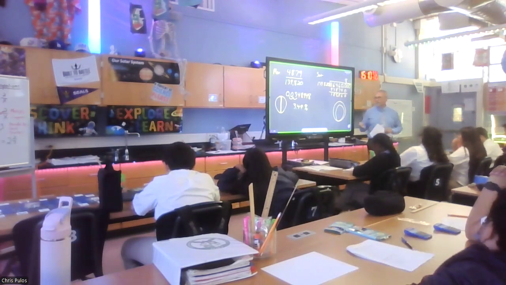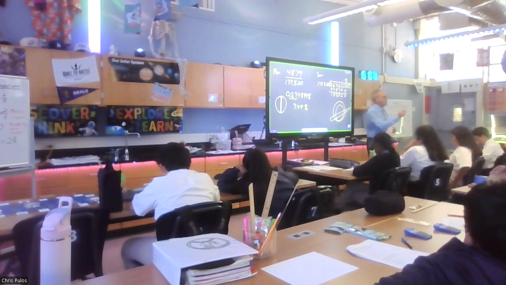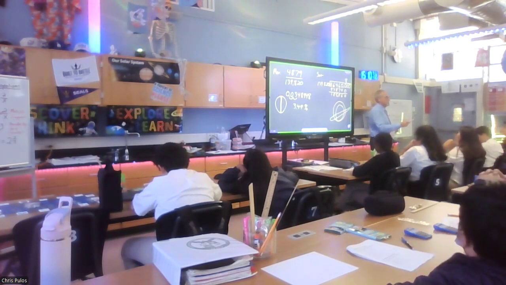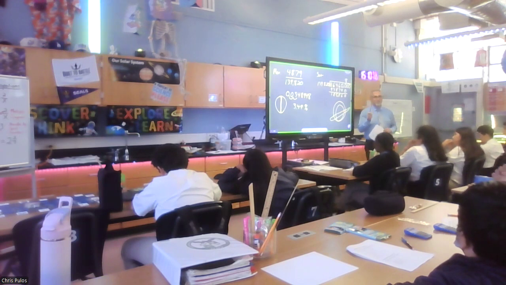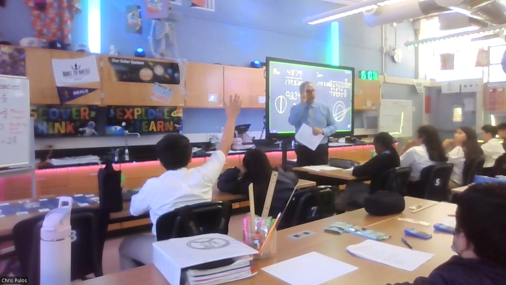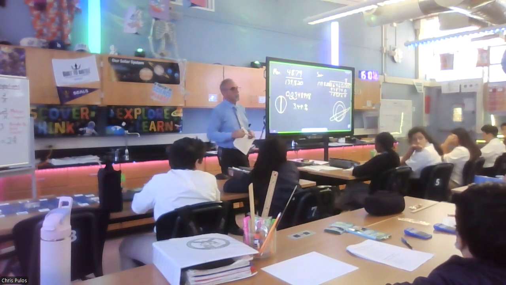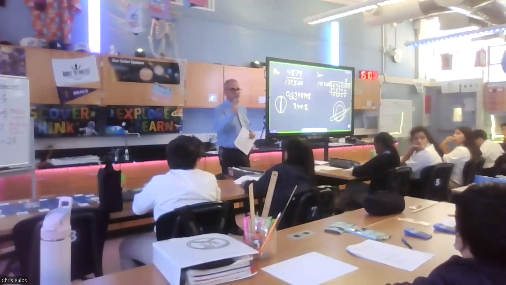But don't forget, Saturn has those visual rings that you can see. Does Jupiter have rings? Yes, sir. Yes, it does. They're faint, but Jupiter has rings. What other planets have rings? Yes, ma'am. Neptune. And?